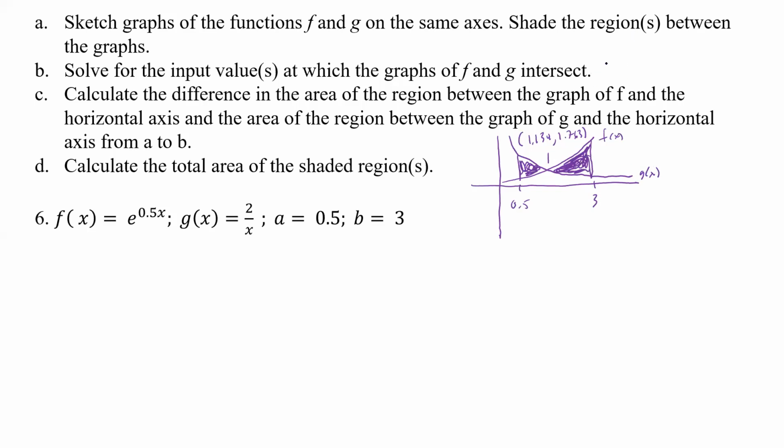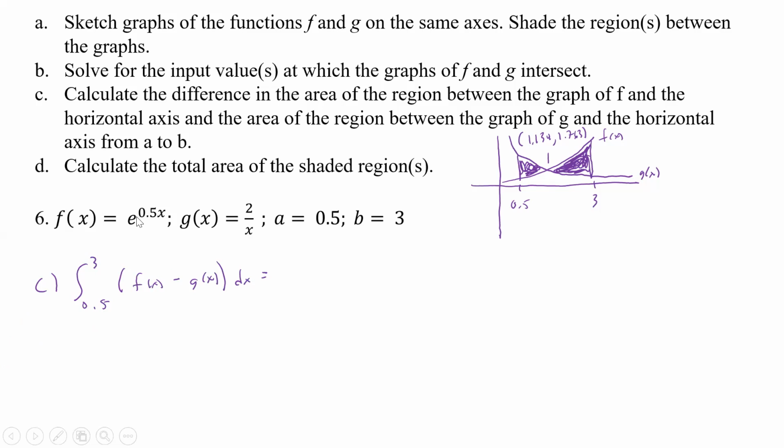All right, so now we need to do C. So C says calculate the difference in the area of the region between the graph of f and the horizontal axis, and the area of the region between the graph of g and the horizontal axis. So, well, what are we going to do? We're going to take our integral from 0.5 to 3 of our f of x minus our g of x dx, and that should give us a value.